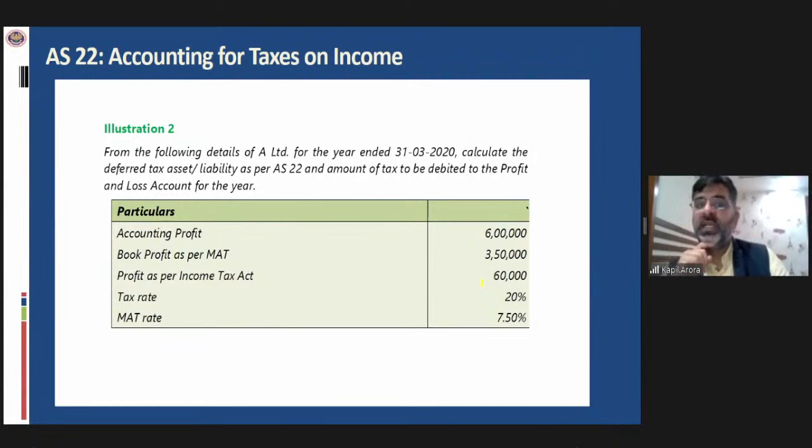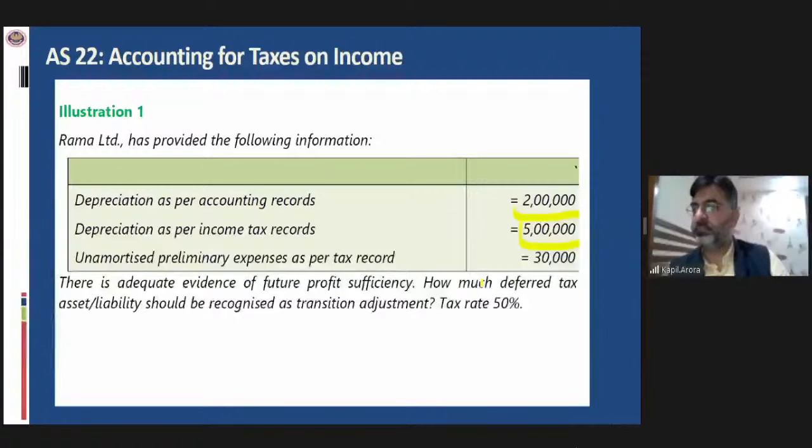So how much tax are we going to calculate here? Unamortized preliminary expenses as per tax record, there I have already considered 30,000.